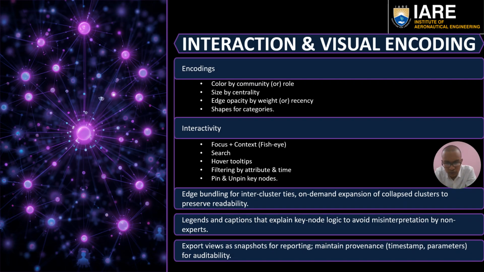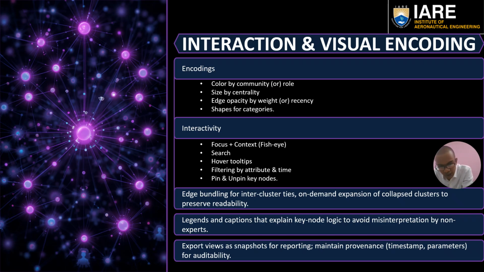Now let's go through the interaction and visual encoding. Encodings are of four types: color by community or role encoding, size encoding by centrality, edge opacity by weight or recency type of encoding, and shape encoding for categories.